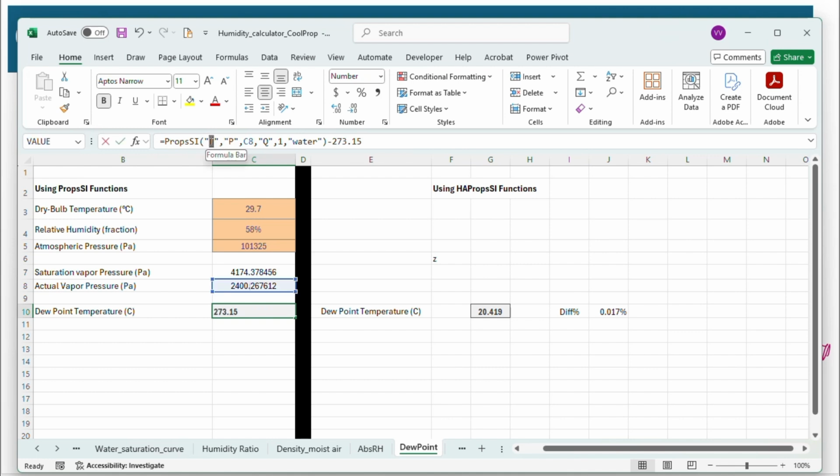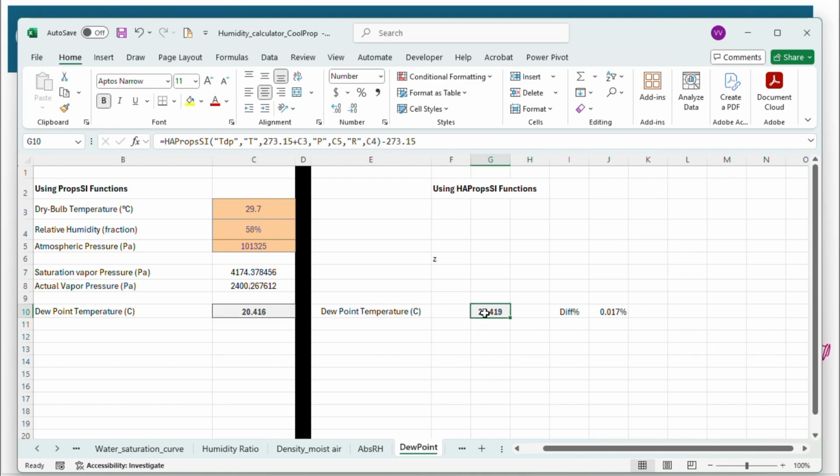In this case, you want to find the saturation temperature for the new pressure, which is the actual vapor pressure. Again, you can choose any Q value, 0, 0.5, 0.1, any value here. Then you get the value in Kelvin, so you subtract 273.15 to get the value in degrees C.